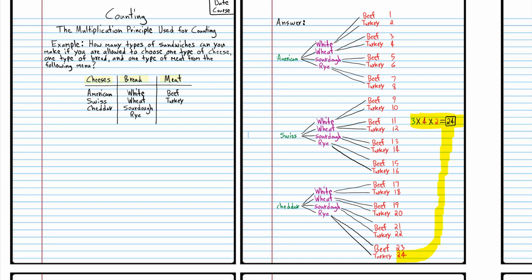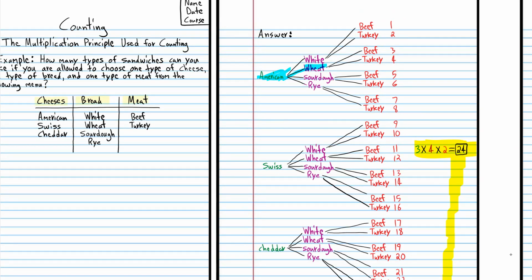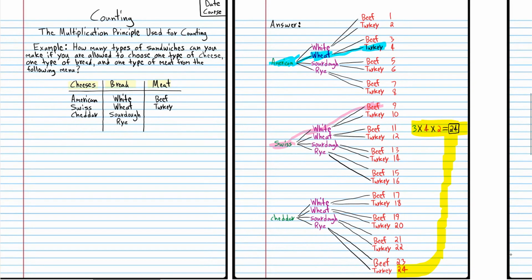So if we choose American cheese and wheat bread and turkey, that would be one option. And if we choose Swiss cheese and white bread and beef, that would be another option. And if we choose Swiss cheese and sourdough and turkey, that would be another option.